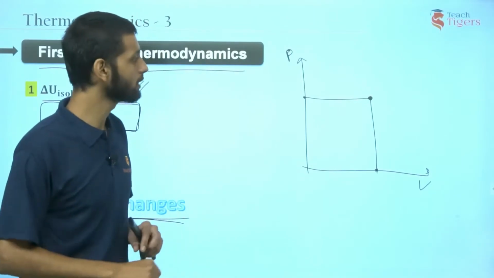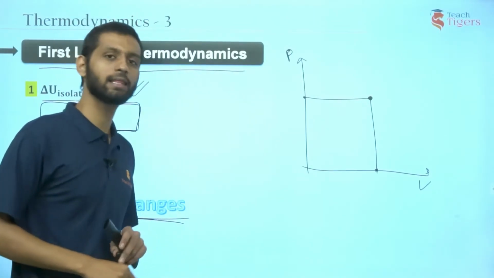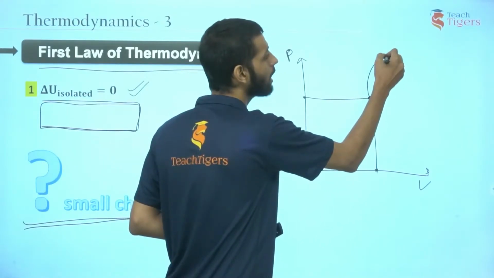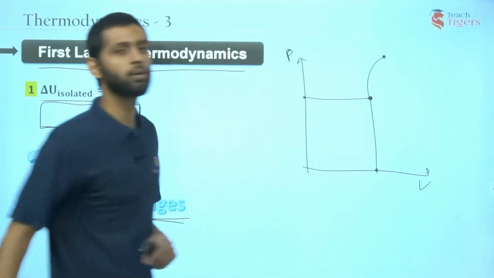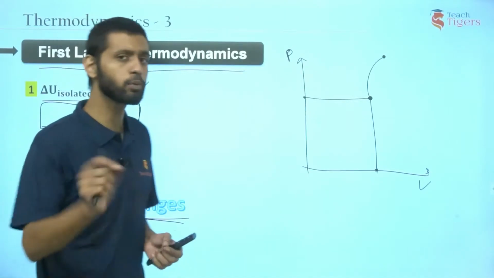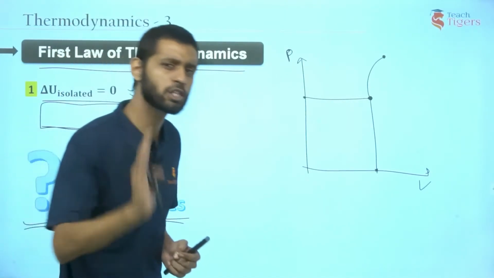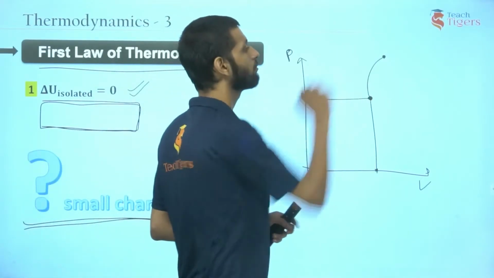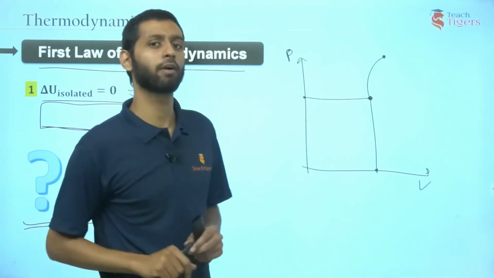Now, what can this point do? Can it go up? It can't, because delta U is supposed to be zero. An isolated system is not supposed to change its internal energy, so it can't move. So the initial and final states can't be different for an isolated system.